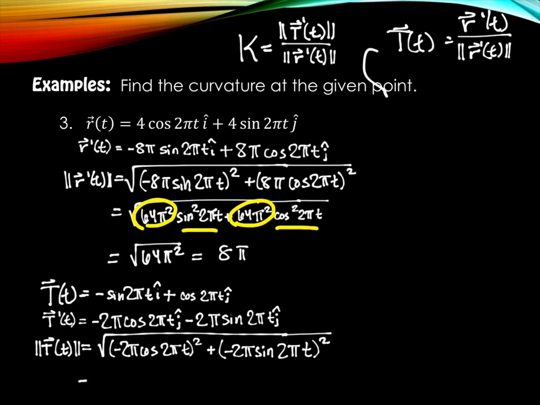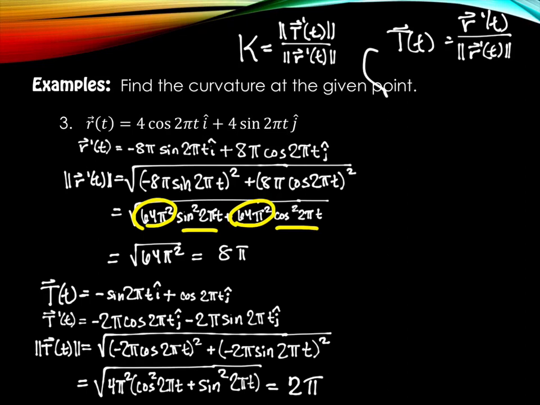When I square each of these, I'm going to get the 2 pi's being squared, the negatives are going to go away, so I'm going to have 4 pi squared in both components. And then cosine squared 2 pi t plus the sine squared of 2 pi t. And of course that's 1, so this is going to equal 2 pi.